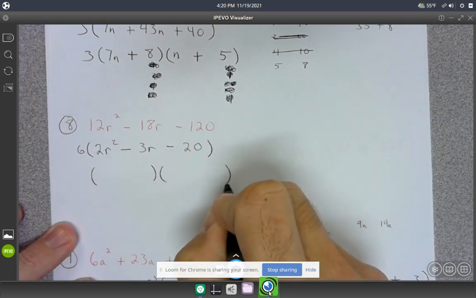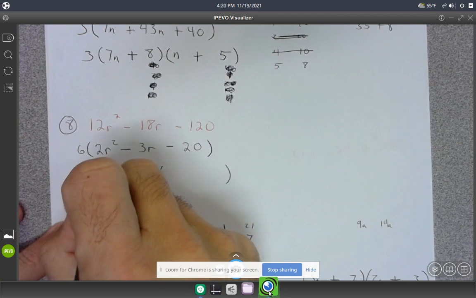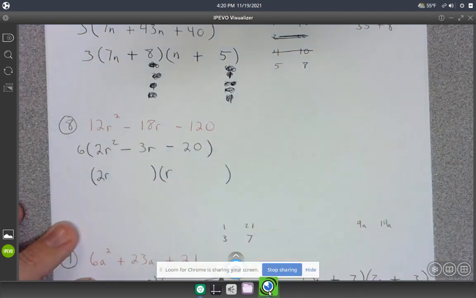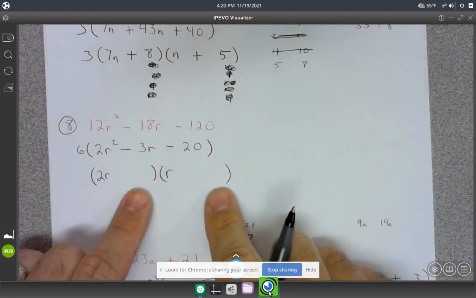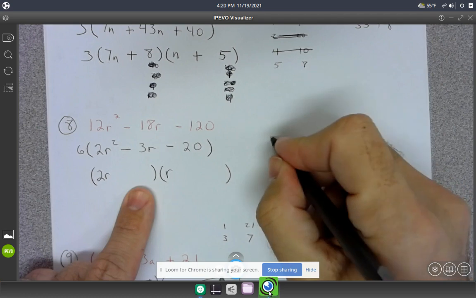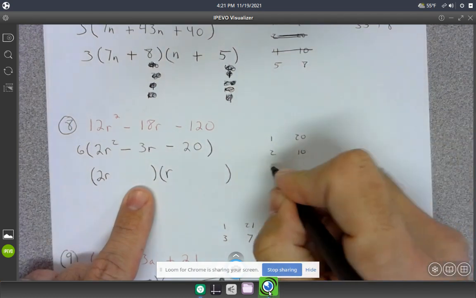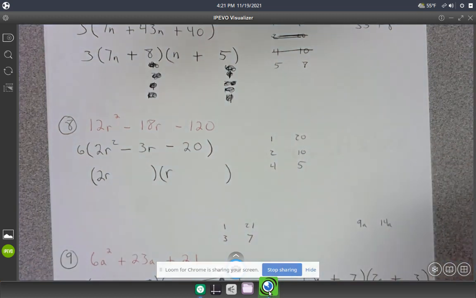So hopefully I'll be able to use that GCF rule a little bit. All right. It's got to be a 2r and an r. And here it's going to be the factors of 20. So 1 and 20. Could be 2 and 10. Or 4 and 5. And that's it.